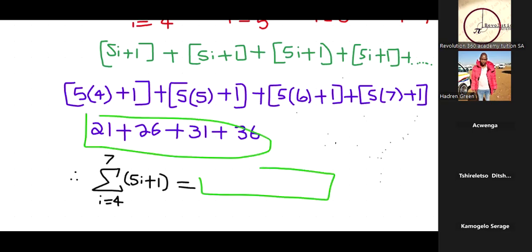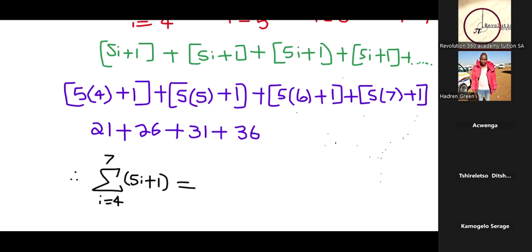Let's now write it. So remember we had here that is going to be 21 plus 26 plus 31 plus 36.